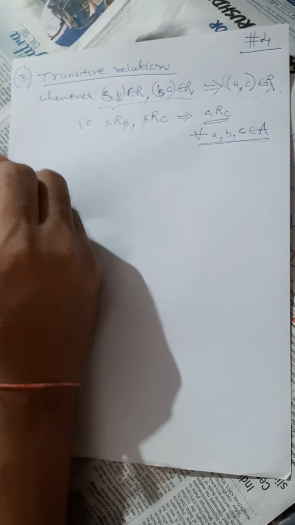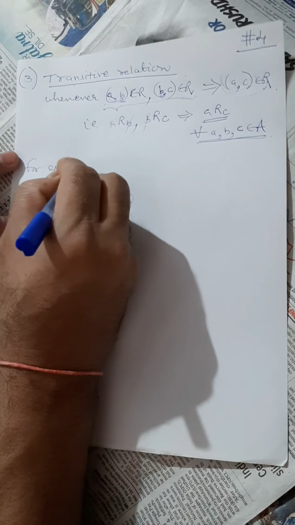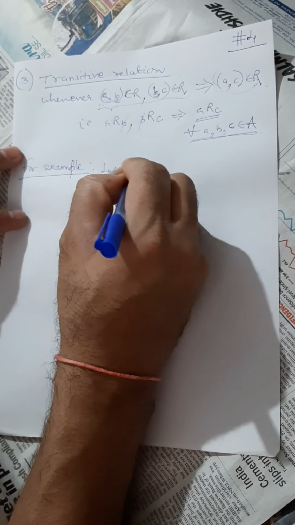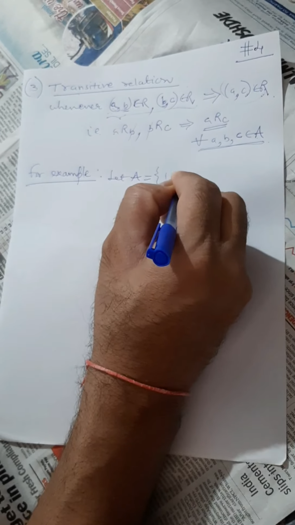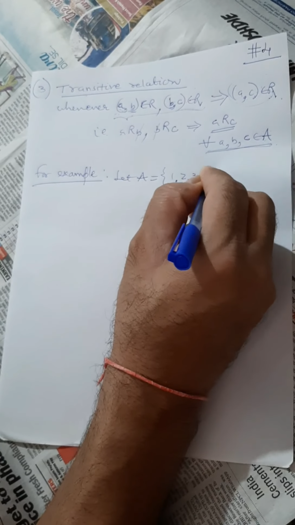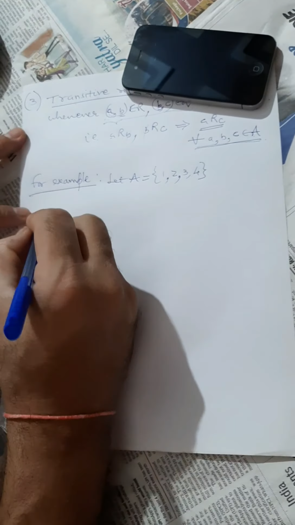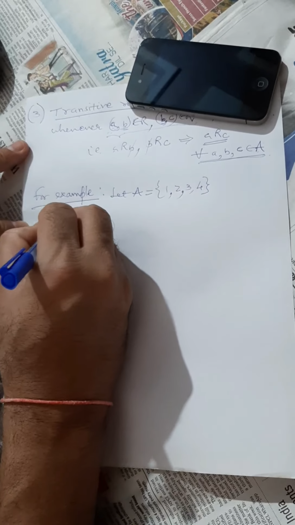So I will take a simple example here just to understand this. For example, let's take one set A equals 1, 2, 3, 4. So in the set you have 4 members. This is given to you.